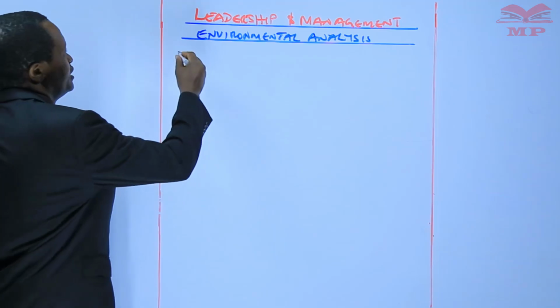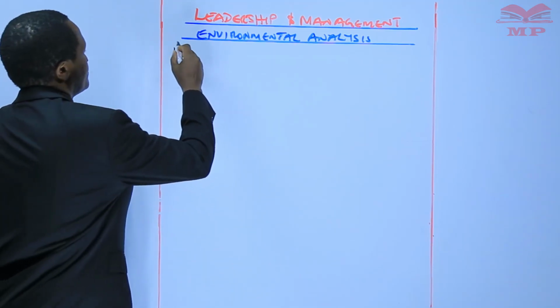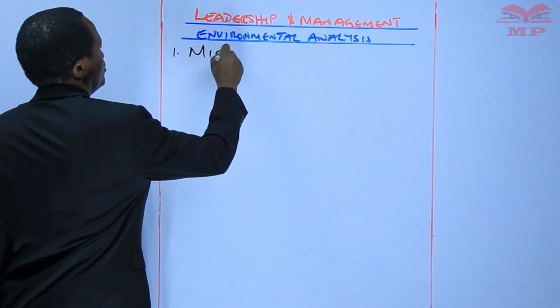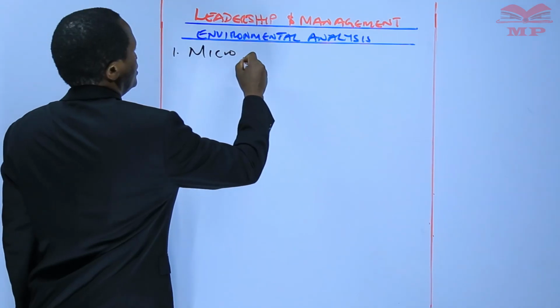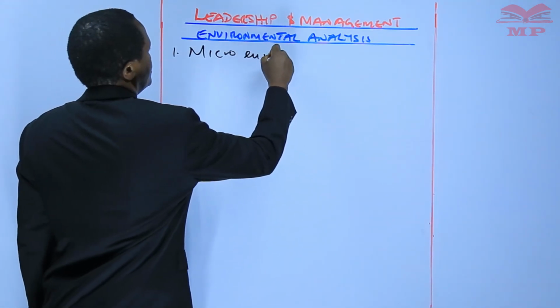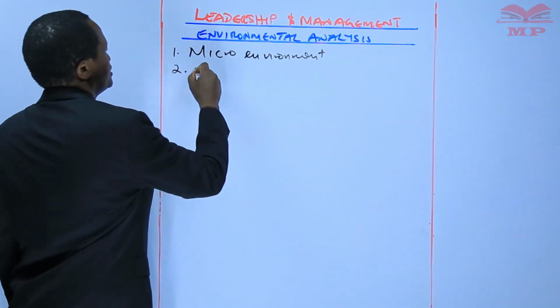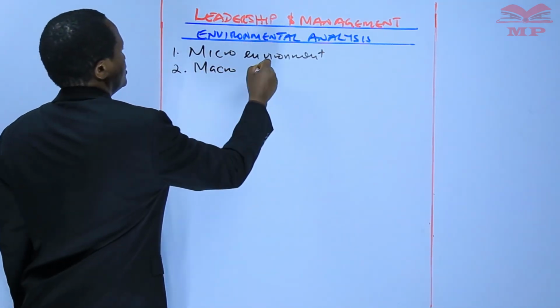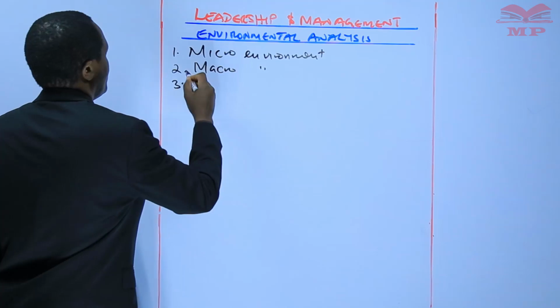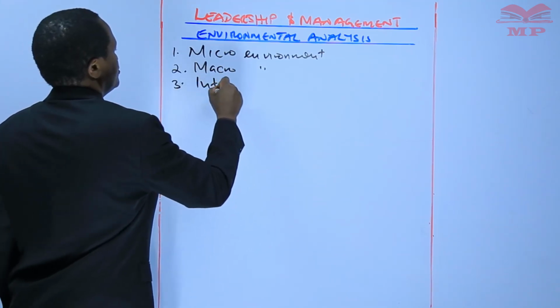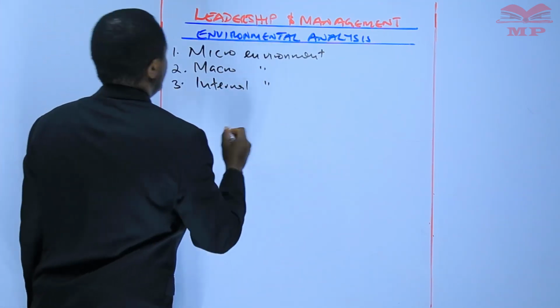The first one is microenvironment. The second one is macro environment. Number 3, internal environment.